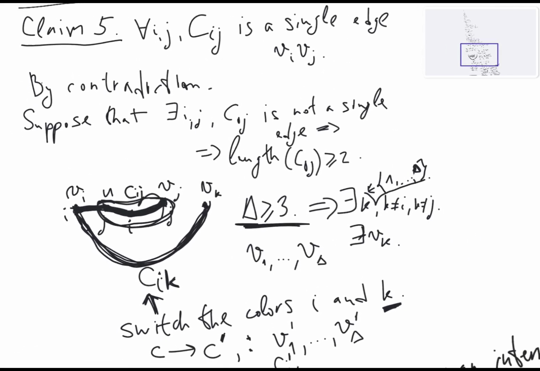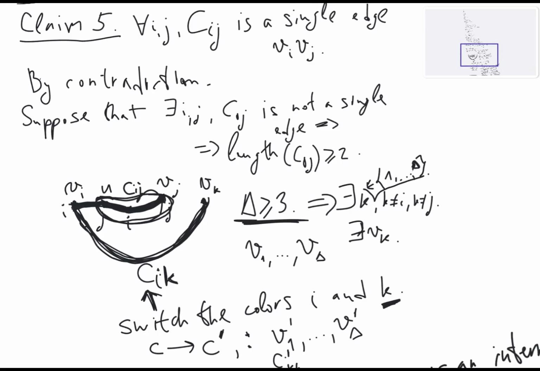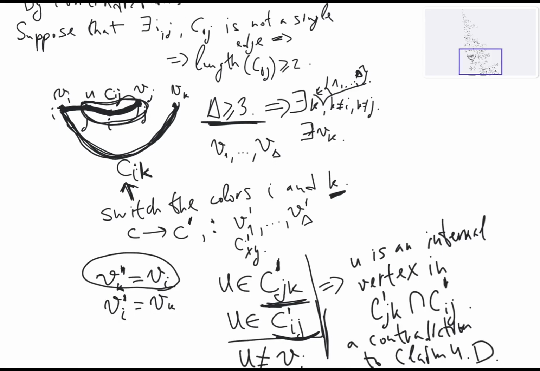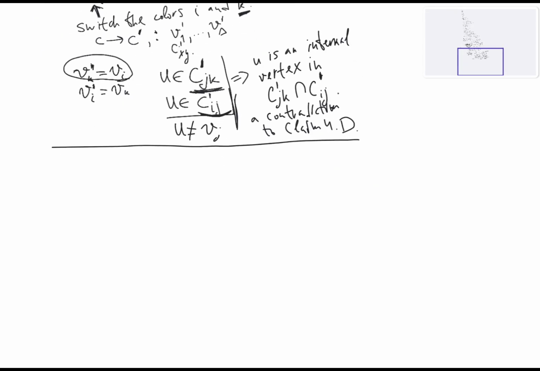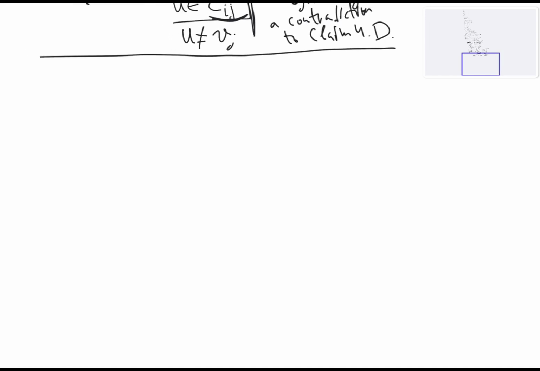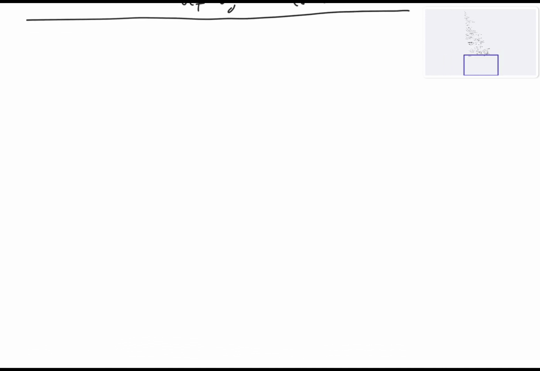So this is almost it for the theorem. Claim 5 says that all these paths Cij consist of a single edge. Now let's examine what we actually have.